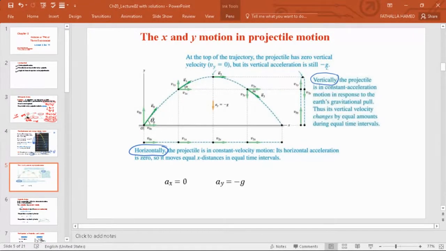Of course, you can break your initial velocity into v0x, which is the x component of the velocity, and v0y, which is the y component of your velocity. You can say that v0x is equal to v0 cosine theta 0, and v0y is equal to v0 sine theta 0, like when you're taking components of a vector.